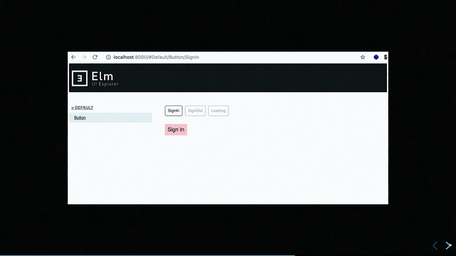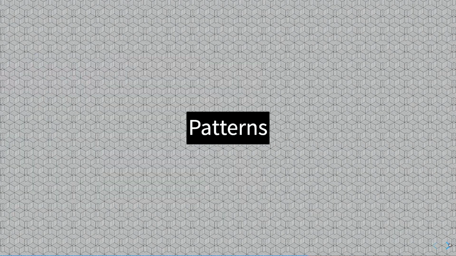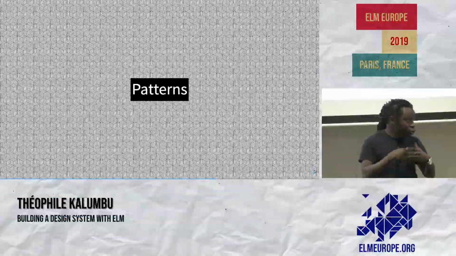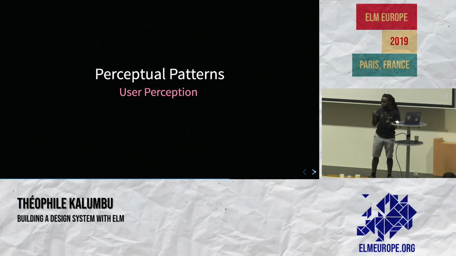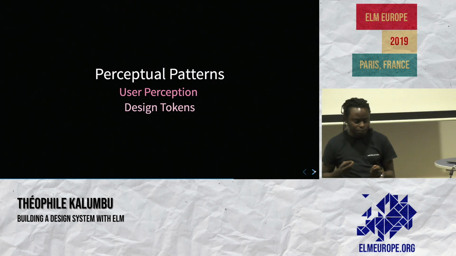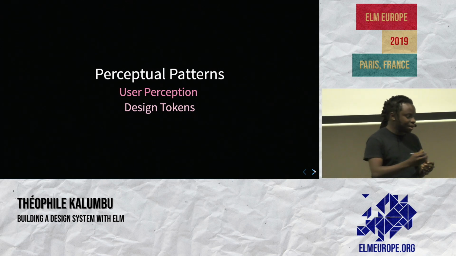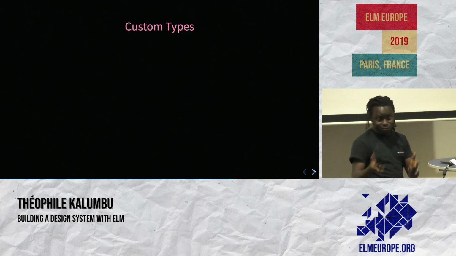And on top of that, we have patterns. It's all about patterns. And I'm going to show you how Elm helps us to express these patterns. First, we have perceptual patterns. It's all about the user perception: colors, typography, all these design tokens. And to express that, we have custom types.